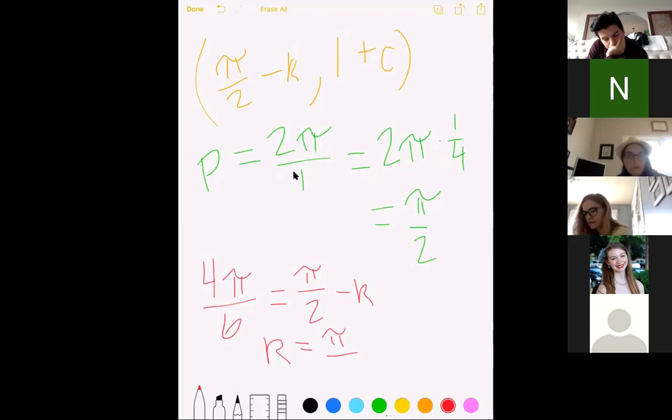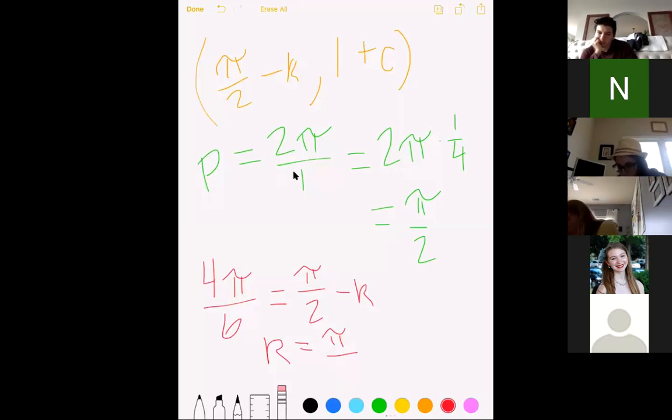How is it 4 pi over 6? We took the x coordinate to be halfway between where the x-intercepts are, so it's 4 pi over 3 divided by 2. Hmm. So it's pi over 6 is K. Sorry.